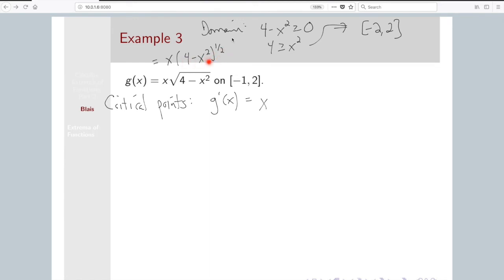Bring the 1/2 out front, leave the inside alone, reduce the exponent by 1. So we get 1/2 times the quantity 4 minus x squared to the minus 1/2 times the derivative of the inside function, which is negative 2x. The second term from product rule: plus the second function, 4 minus x squared to the 1/2, times the derivative of the first, which is just 1.